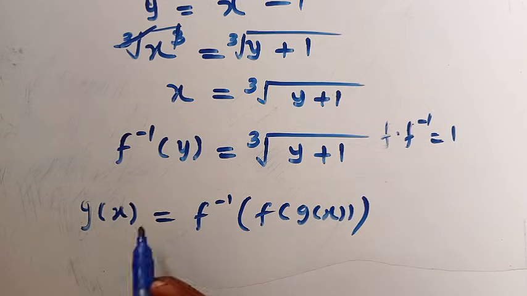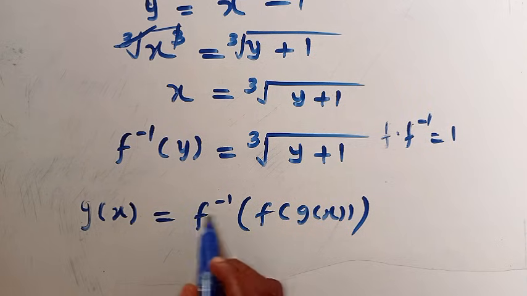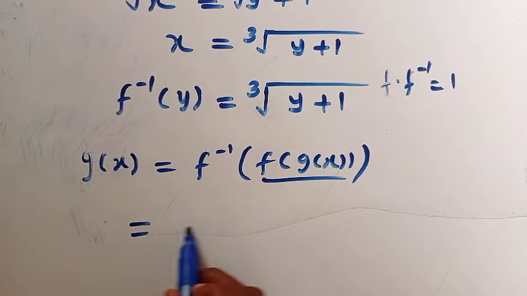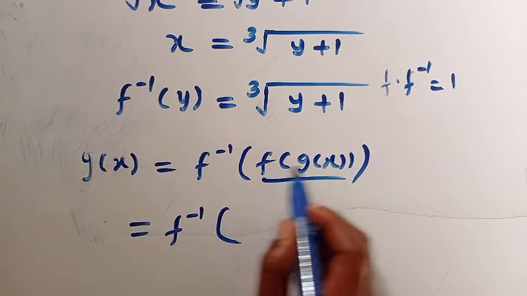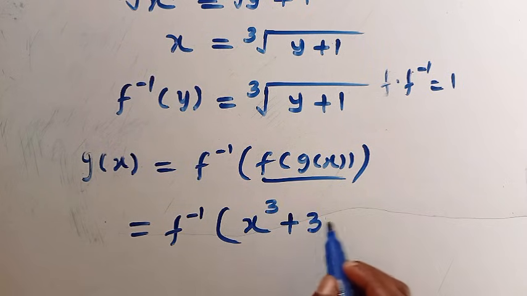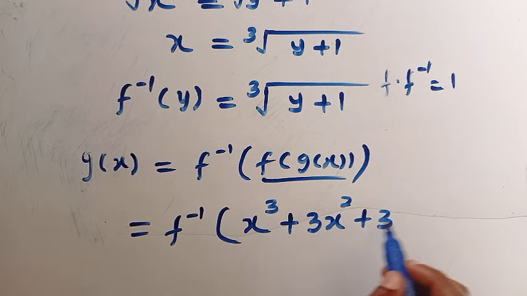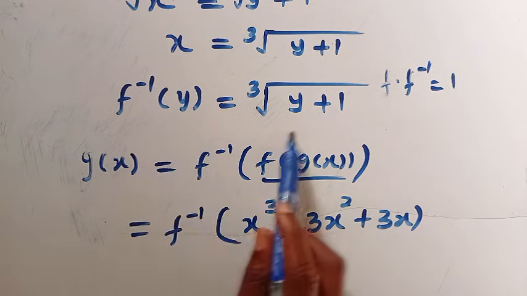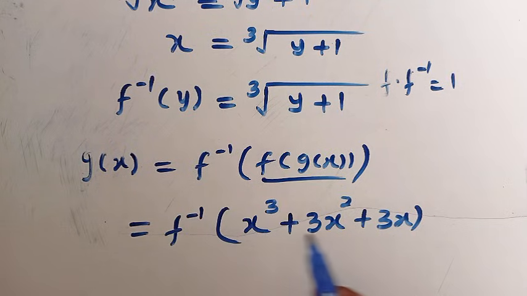All this is still equal to g of x, because f inverse cancels f and we have only g of x. But what is f of g of x? That gives us x cubed plus 3x squared plus 3x. By replacing this, we have f inverse of x cubed plus 3x squared plus 3x. This is just like y here. Everywhere we see y, we can replace it with the whole of this.